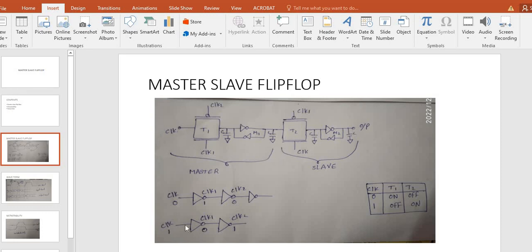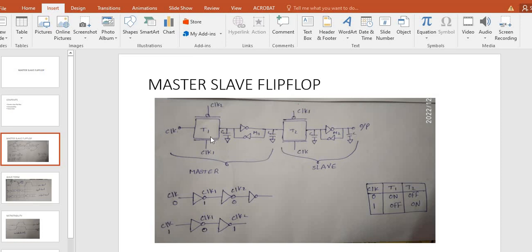How? Let us see. Here I will give clock 1. I connected an inverter. Clock 1 will be inverted into clock 0, and clock 0 again inverted into clock 1. Okay. Clock 1 means 0, clock 2 means 1. What will happen?